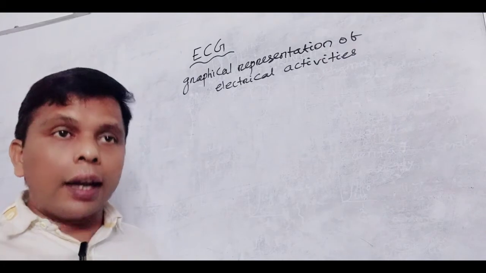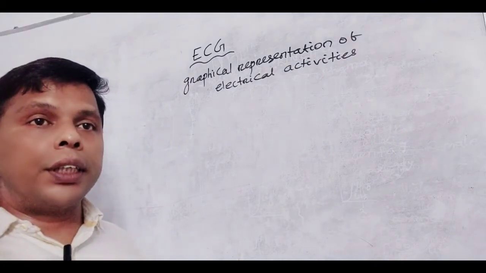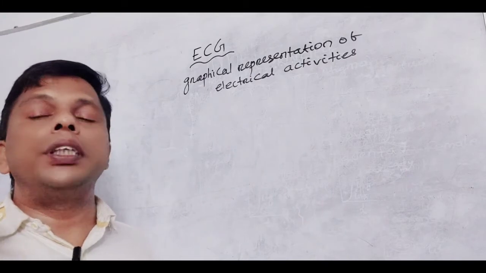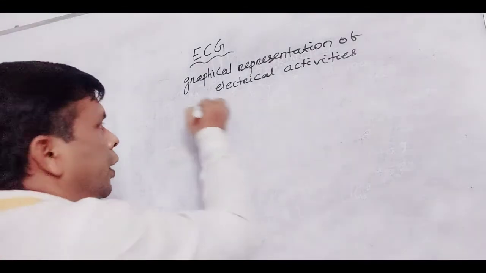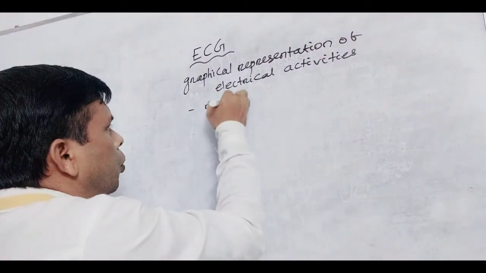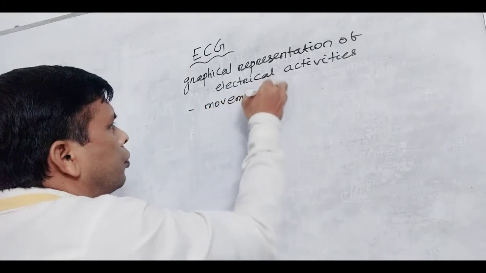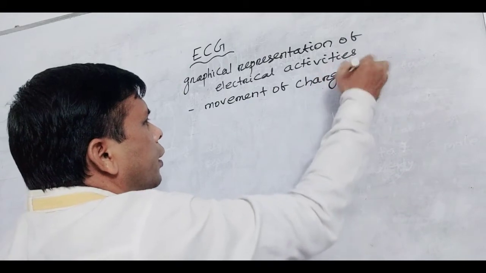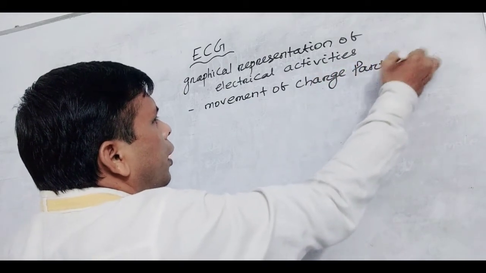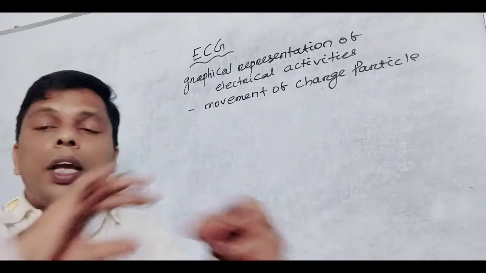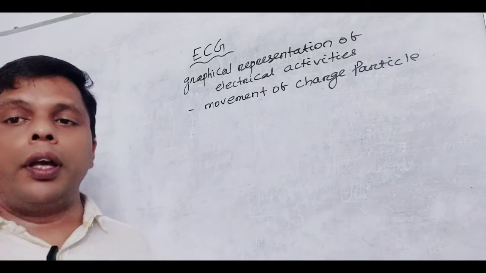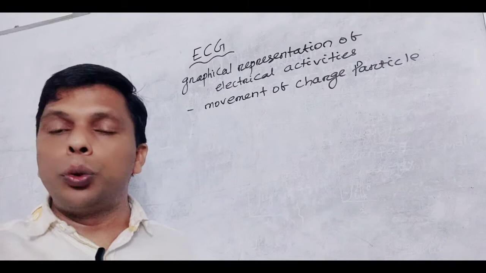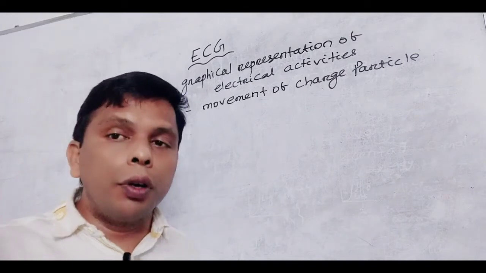These electrical activities are obtained from the movement of charged particles. They are generated due to movement of charged particles. We cannot feel it by itself. By touching a part of the body, we cannot feel it. Still, we can measure it through the electrocardiograph machine.